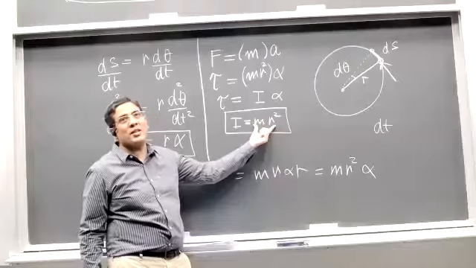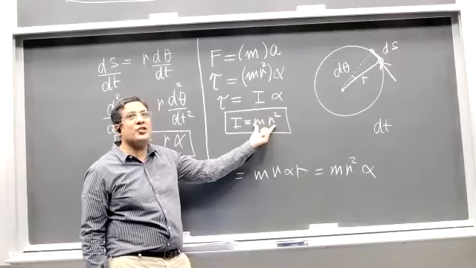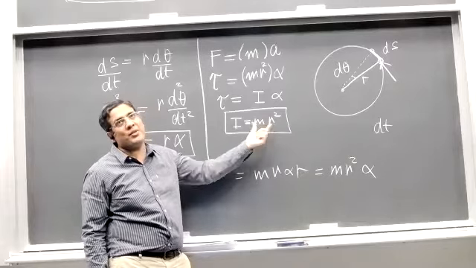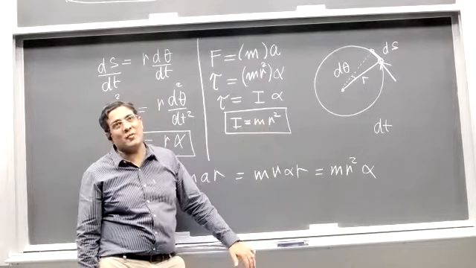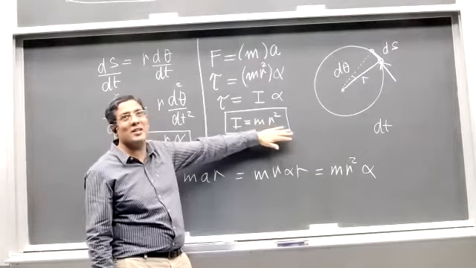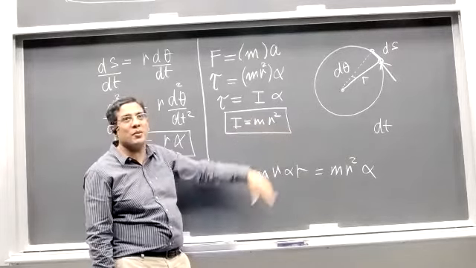This expression is not always the same. It changes from shape to shape. Different shapes, different objects would have different answers, exactly like center of mass. The difference is that center of mass can be negative. This quantity can never be negative. Mass times r squared is always positive.